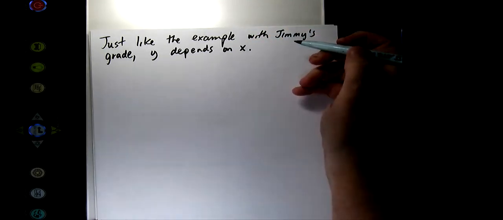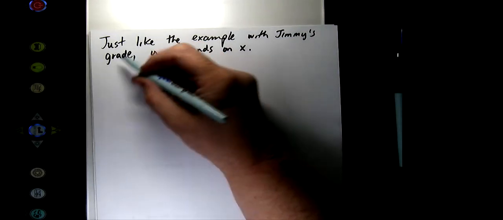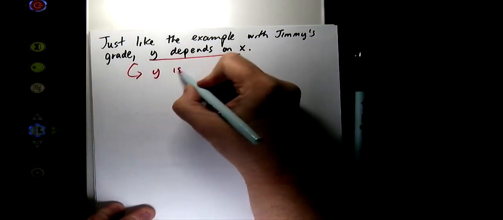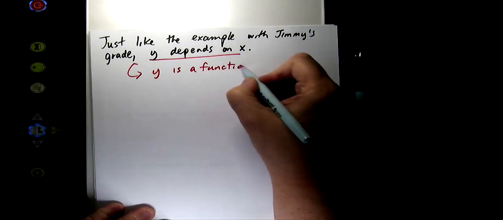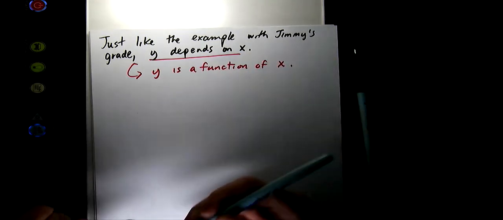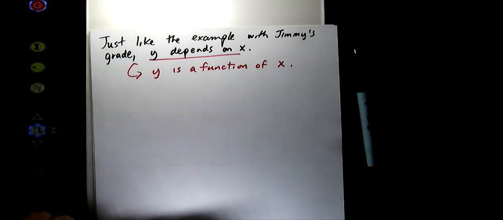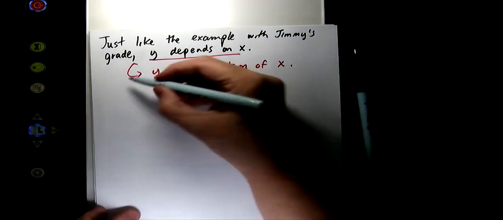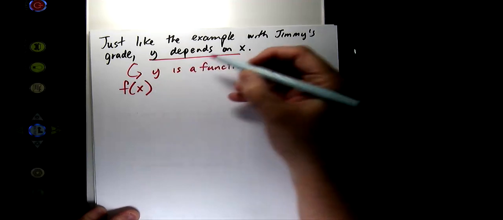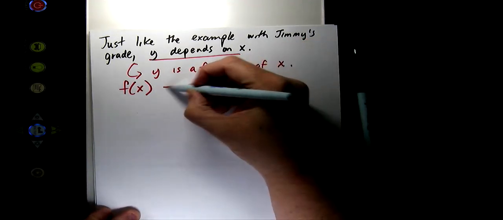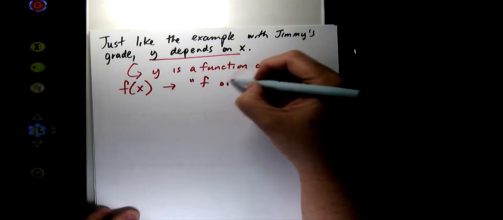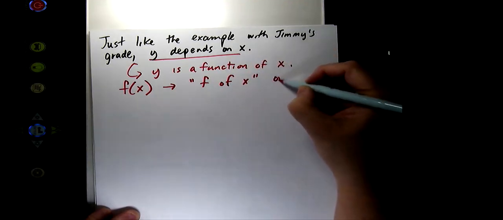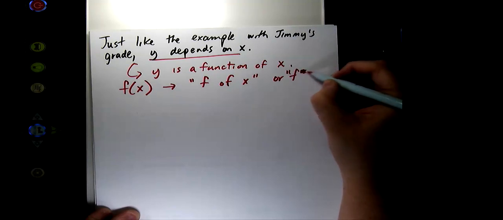When something like that happens, we say Y depends on X. Another way of saying this expression here is Y is a function of X. And we use the notation for functions f parentheses x. And this is read as f of x or f at x.